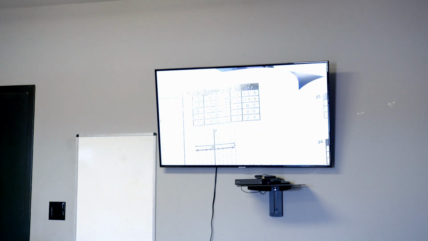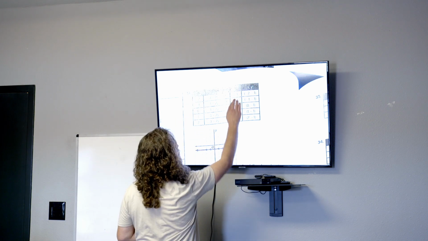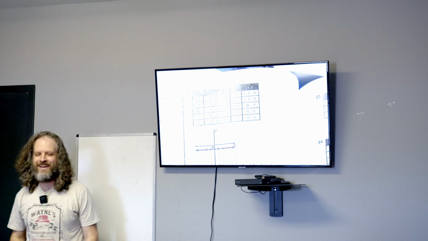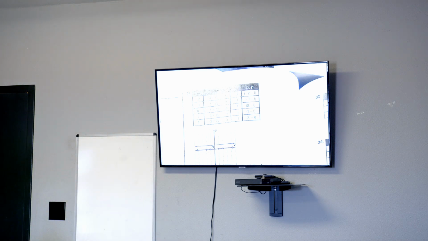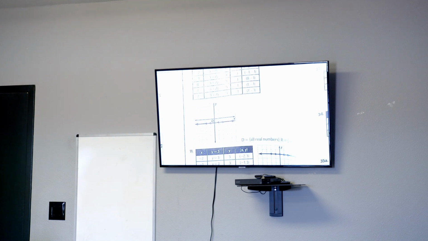For your table, you probably only did the first and third column, and that's fine. And the graph looks like that, and then the domain is all real numbers. And the range is always -1, because it's always -1 on number 10.